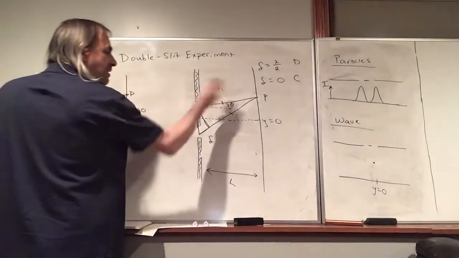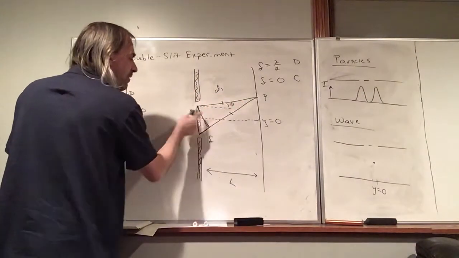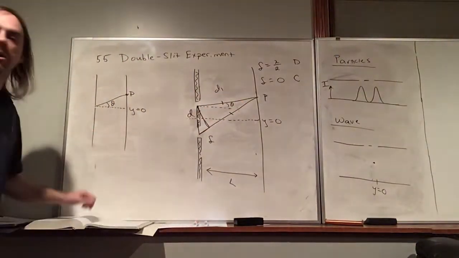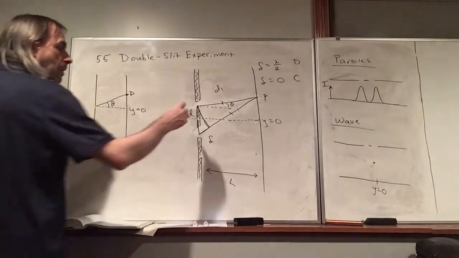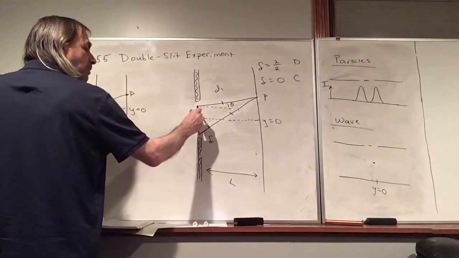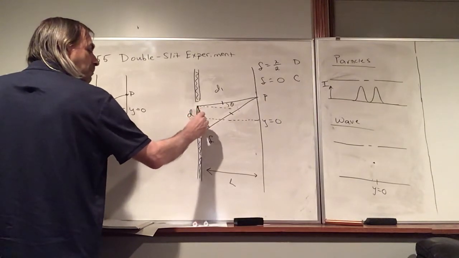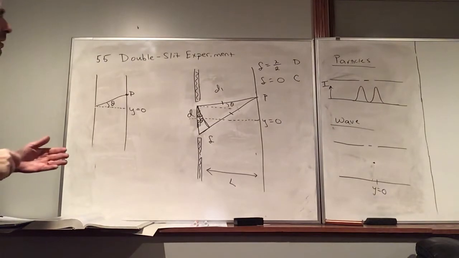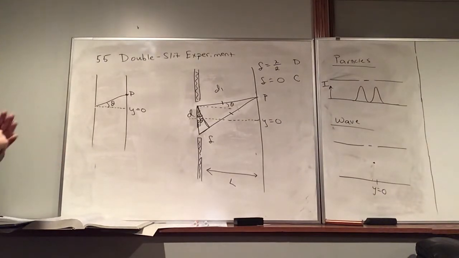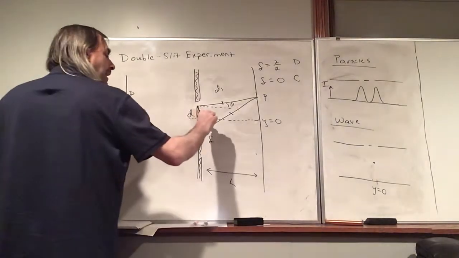And so this angle is essentially theta, even though it's a tiny bit off, not enough for us to worry about. That would make this angle theta as well. This picture is getting a little cluttered, but basically we have this triangle where this is a right angle.